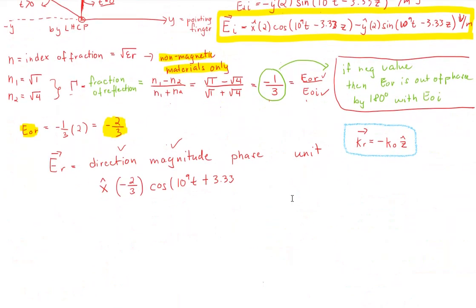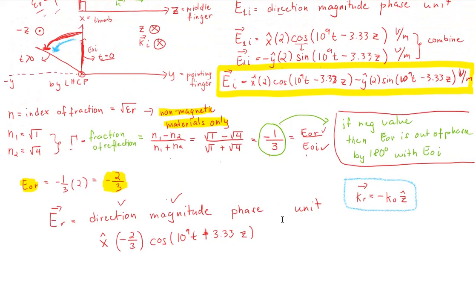Now the same thing applies here, because it's negative k, so it's negative, and therefore it's going to be positive 3.33 z hat, or z, I'm sorry, just z.